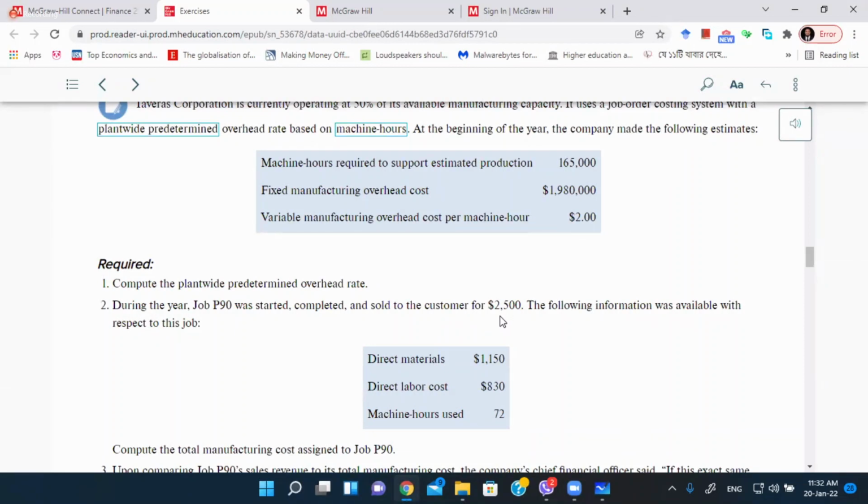The following information was available with respect to the job: direct materials 1,150, direct labor cost 830, and machine hours used 72. So this machine hours has been given to us to estimate the manufacturing overhead expenses. Compute the total manufacturing cost assigned to job P90.